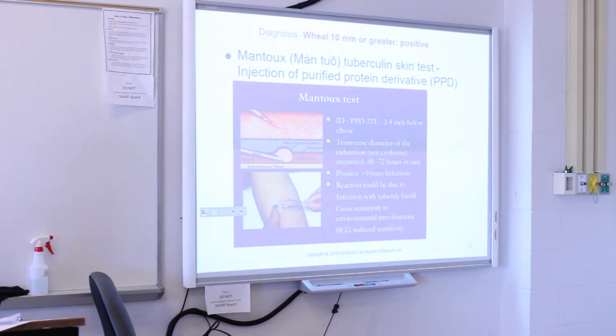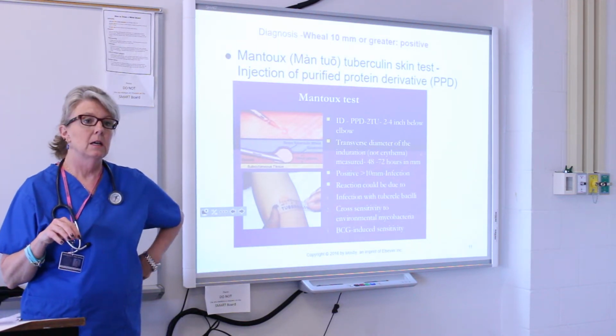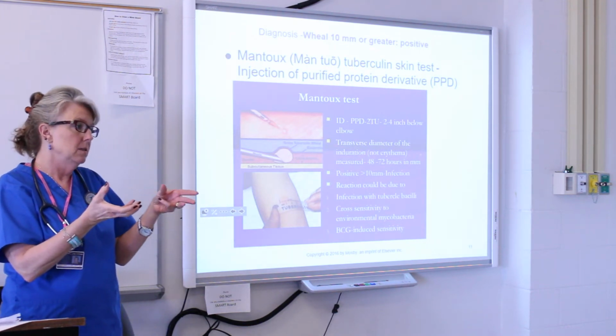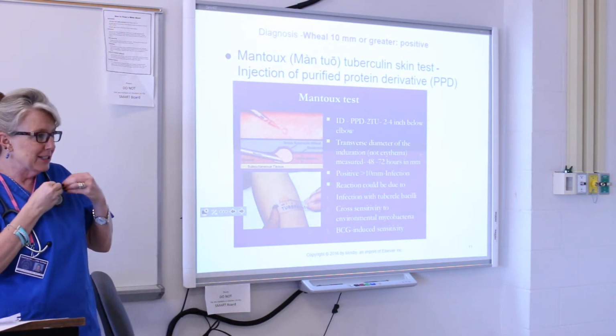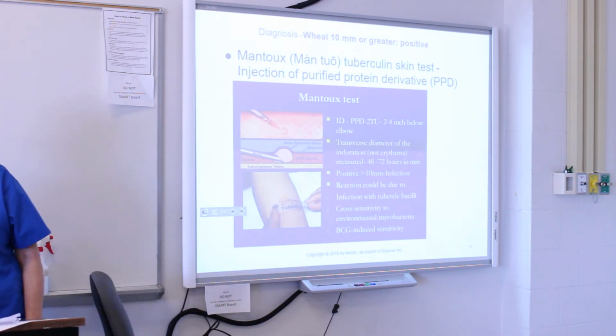Is there any way to treat it once it's in that state? There's a certain cocktail of antibiotics that are given, and it may or may not be needed, because the body has sealed it off. So usually you'll go through the regimen.